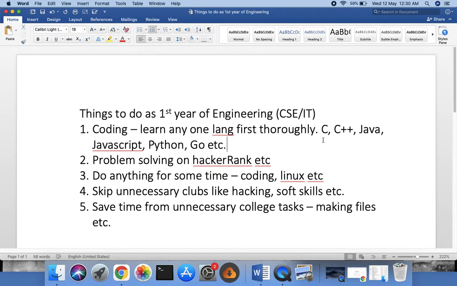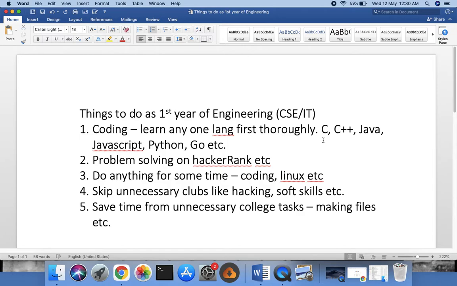I now realize that if in my first year only, I had picked up any one language, and if I had learned that particular language only for my 4 years, I would have gathered so much knowledge about that particular language.